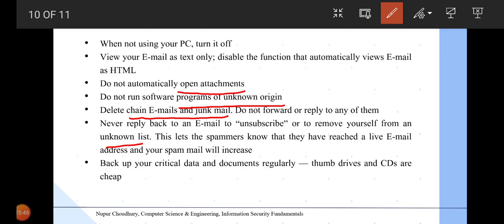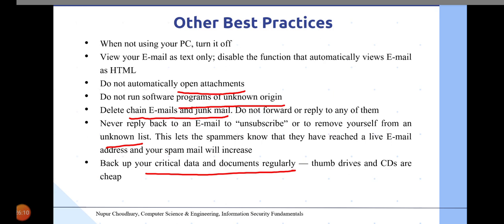So we have to back up our critical data and documents regularly, so that even if our data is attacked by any type of malware or ransomware and it is encrypted and there is unavailability of data and resources, we can easily retrieve it from the backup that we have generated.